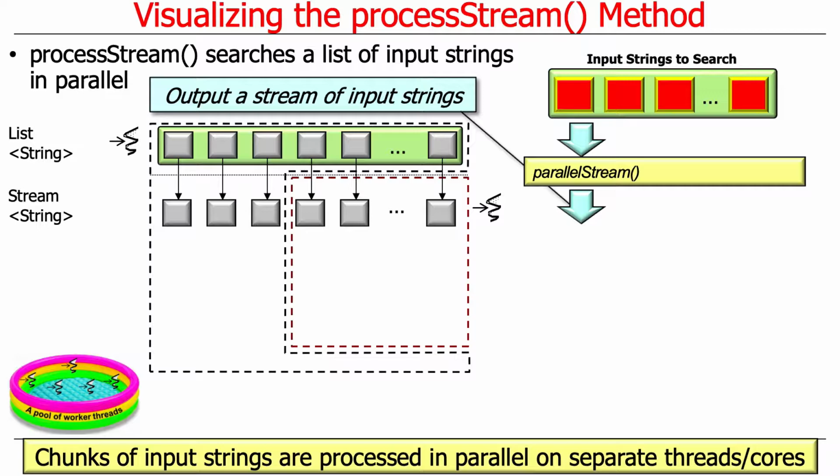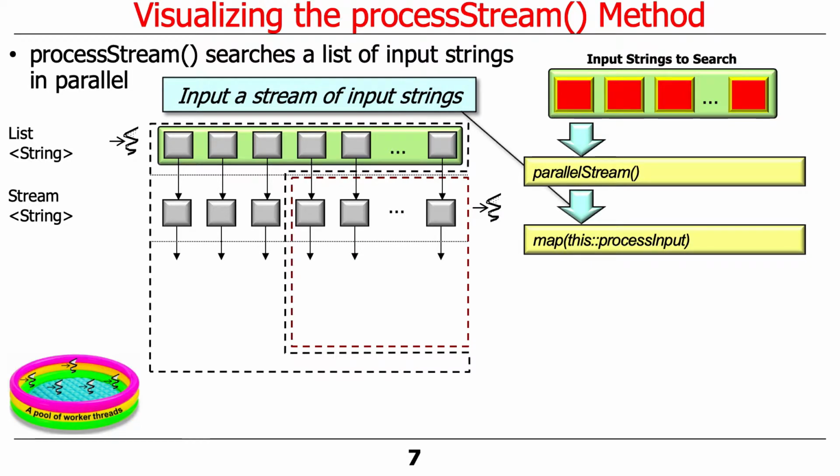What happens under the hood is a spliterator is used to split the input up into different chunks, and essentially it ends up with one chunk for each input string. It's kind of the way it works because it's an array list, and if you recall from your array spliterator, it chunks things up into elements of size 1. So we'll have things chunked up quite nicely, and then these input strings are processed in parallel in separate threads and cores.